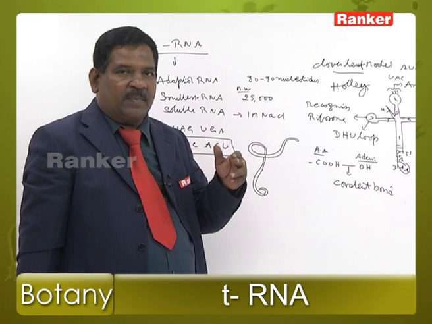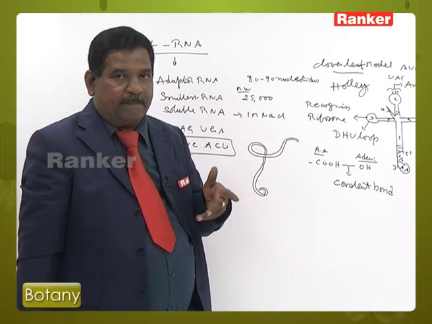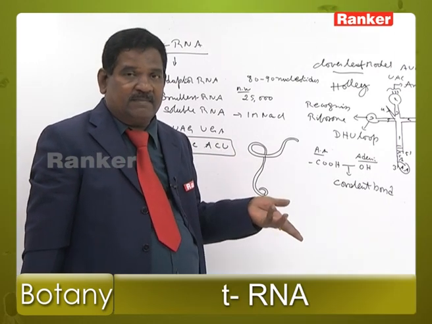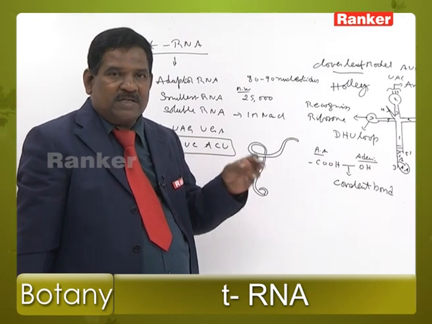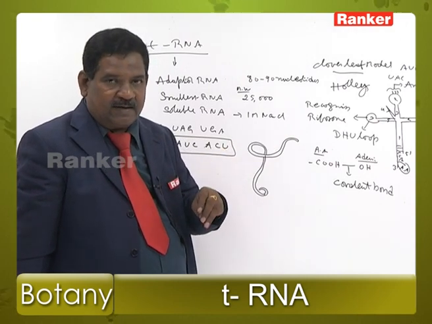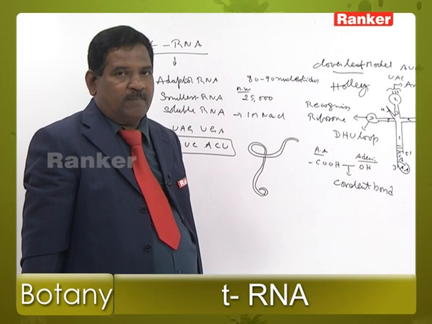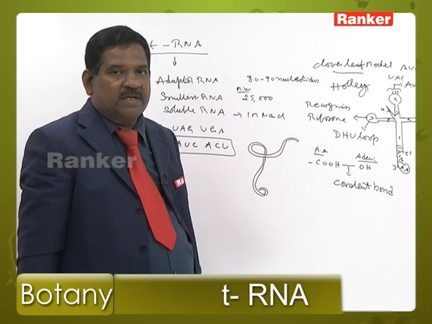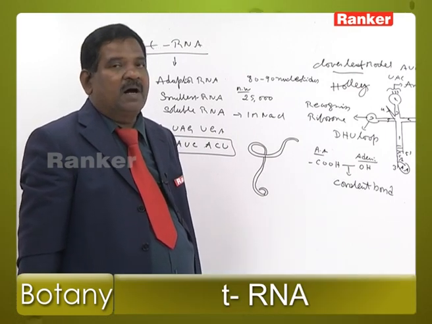Decoding of the genetic information present on the mRNA by tRNA is called translation. In eukaryotes, translation occurs in the cytoplasm. In translation, the polypeptide chain, or proteins, are formed.